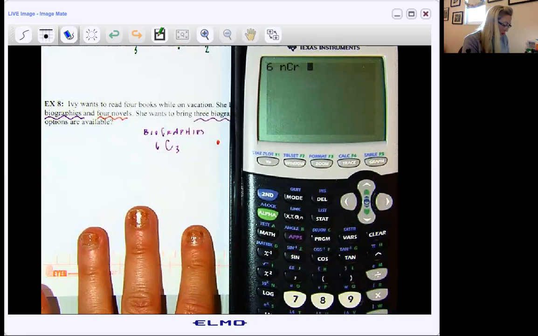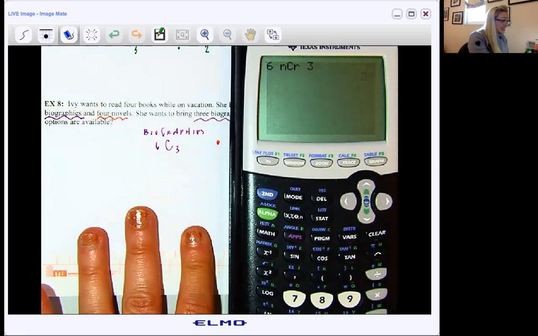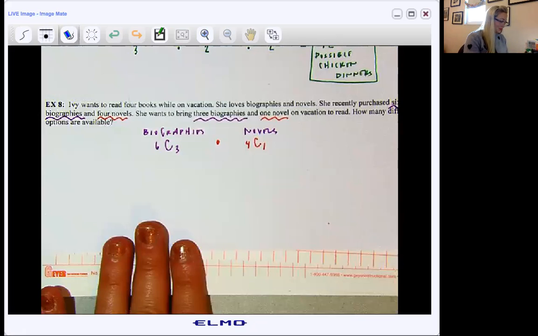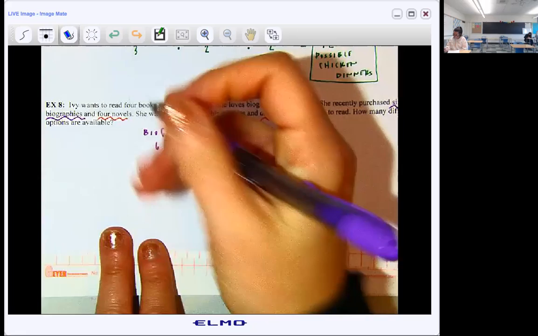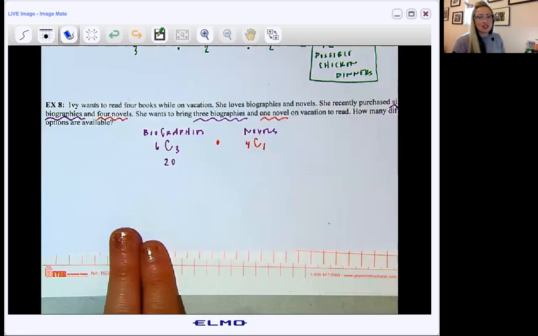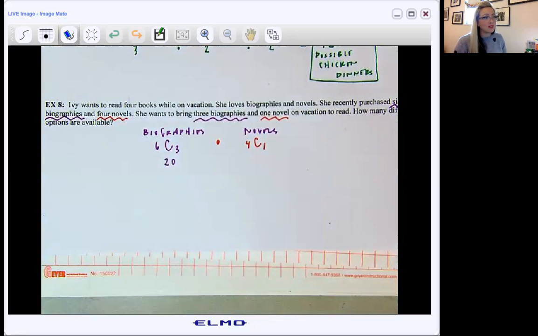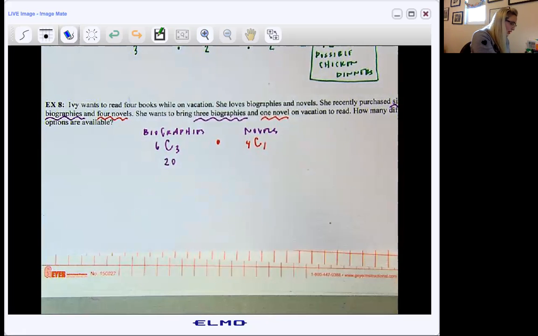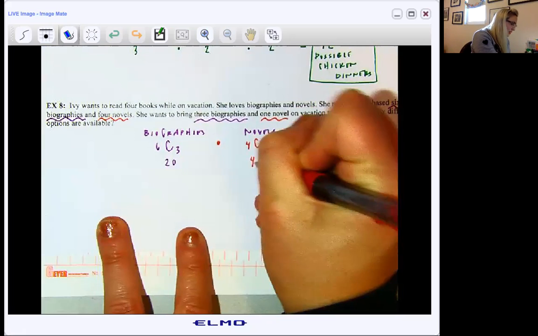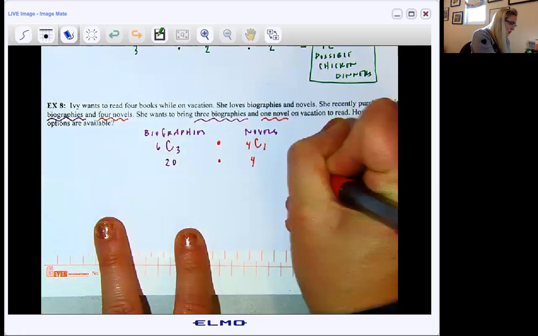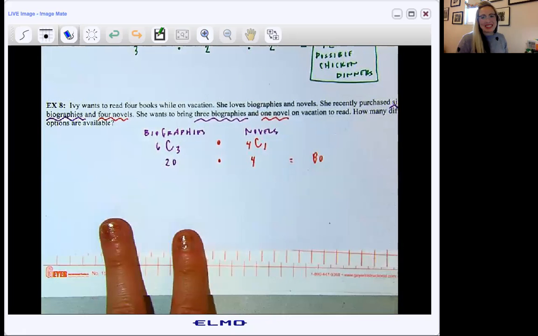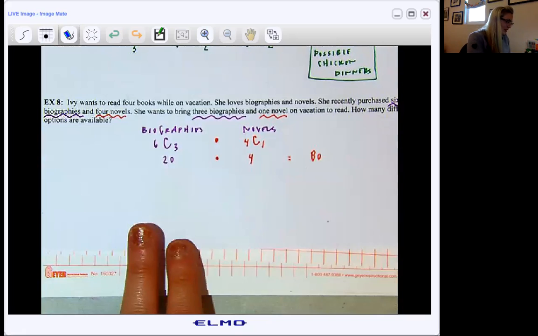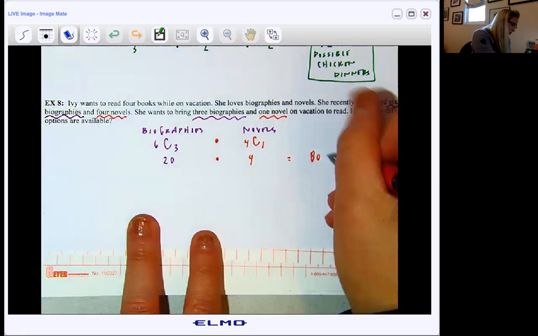So 6 choose 3, and we get 20. So there's 20 different ways she could get a group of 3 biographies from that larger pool of 6. And whenever it's choosing 1, it's going to be the n value. So 4 choose 1 is 4. So we multiply across, 20 times 4, and we have 80 book options.